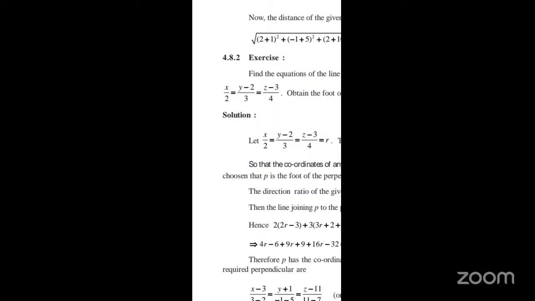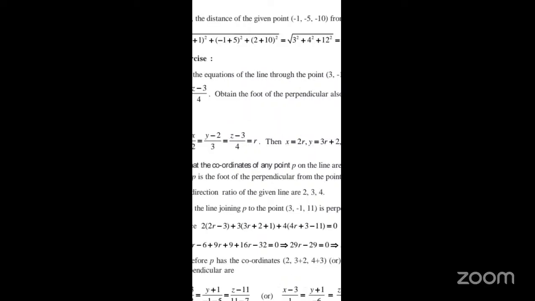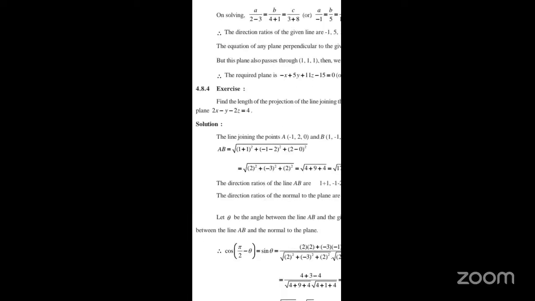Now 4.8.2, this problem is also very important. You just have to see and refer to this one. And at the same time, 4.8.4 is also important.